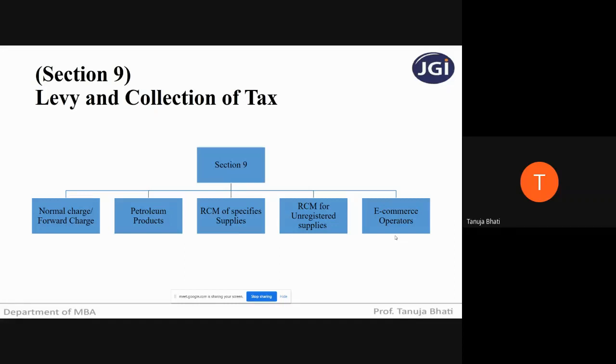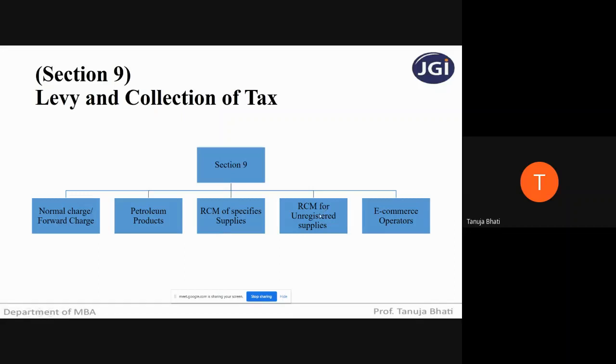So this is section 9, where there is normal charge, forward charge, where the taxable person is the supplier. In case of petroleum products, tax will be levied on a date that will be notified by the central government. In case of RCM, here the taxable person is the recipient.